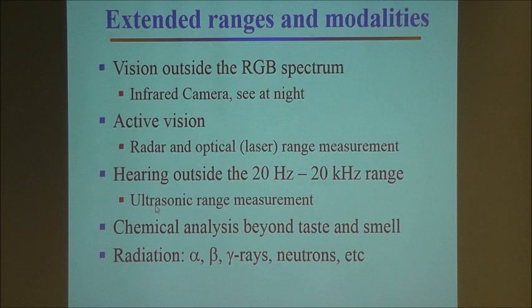Ultrasound is outside of that range, which only bats and dolphins can do in terms of species. Very few can do it, and therefore you need to build a sensor for that. Chemical analysis beyond taste and smell. Radiation of various different rays, alpha, beta, gamma, neutrons, and so forth.